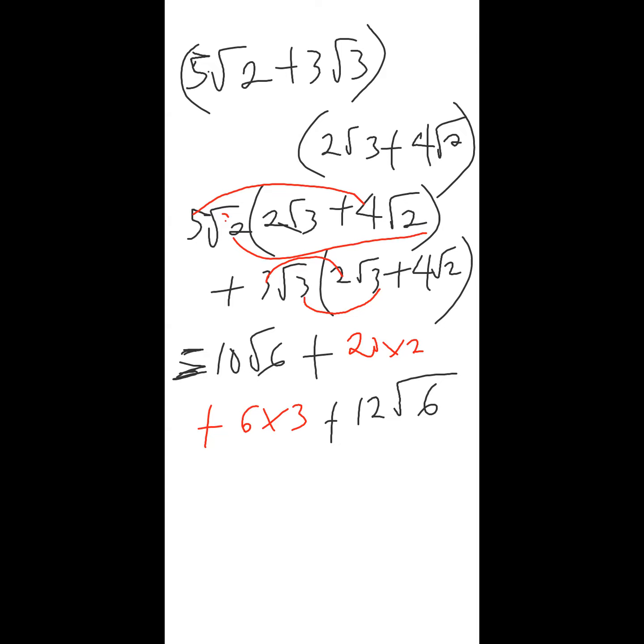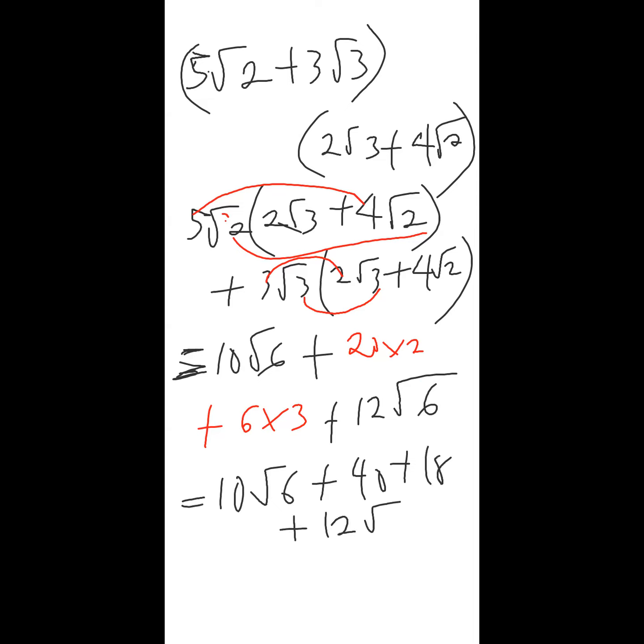Okay, I want to round up this class in the next 2 minutes. So I want you to pay attention to all the lines I draw to show why the terms that I wrote in red will never give you anything that has a square root, based on the instruction I gave earlier. So our final answer will now become 10 root 6 plus 40 plus 18 plus 12 root 6.